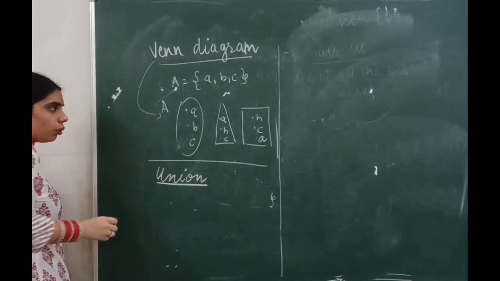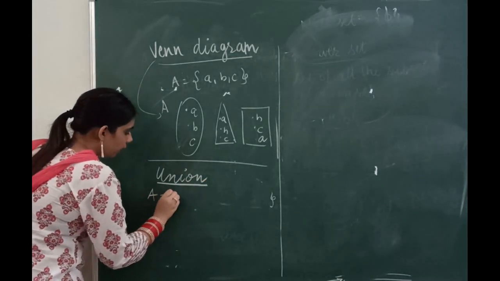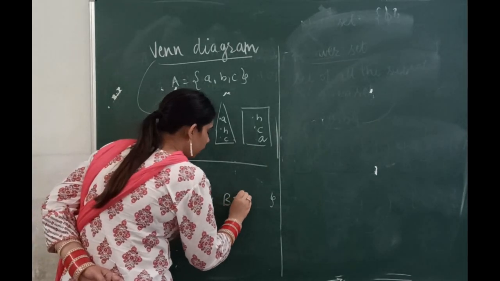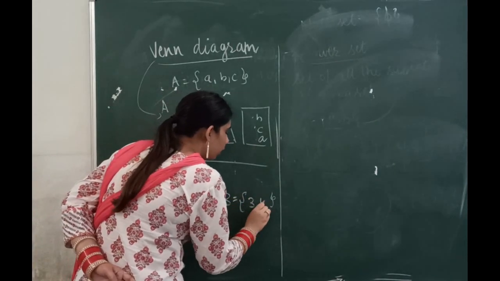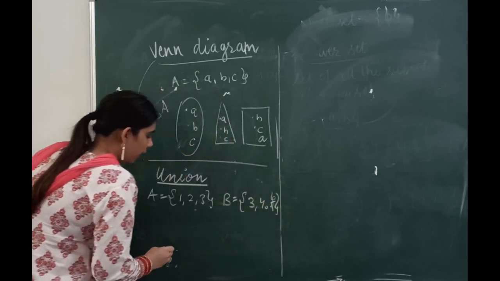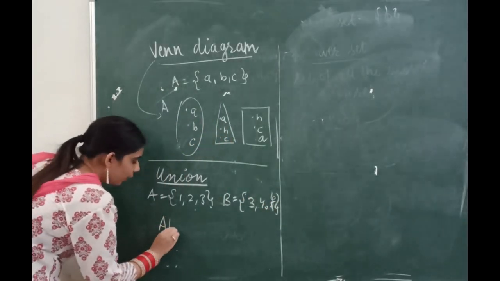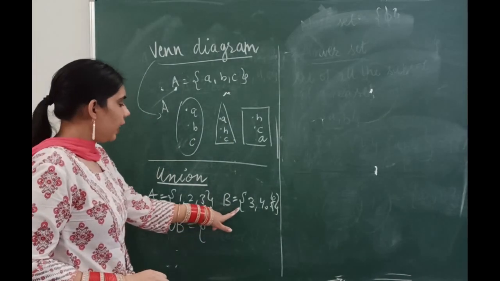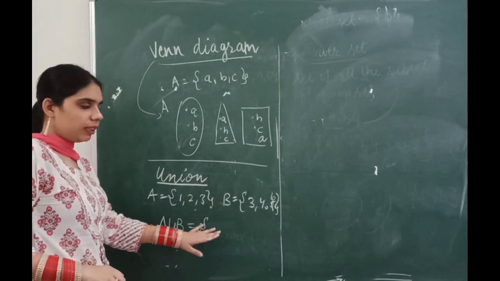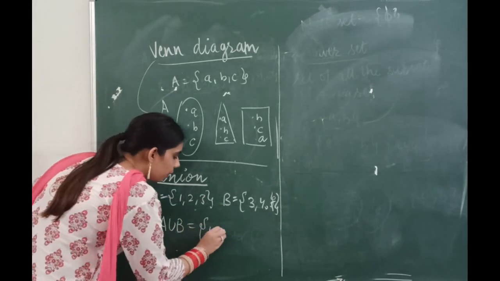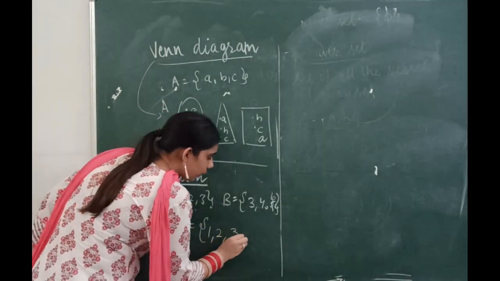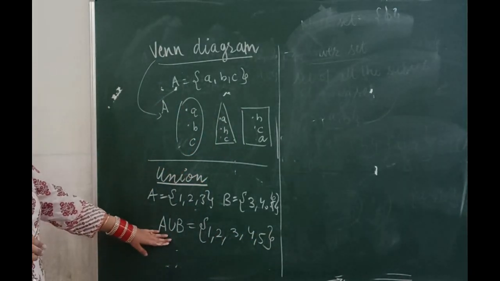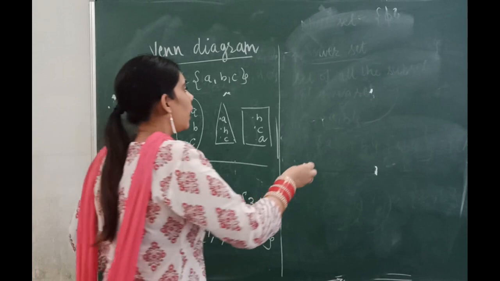You already know that, so this will be A union B. But how will we represent it in a Venn diagram?